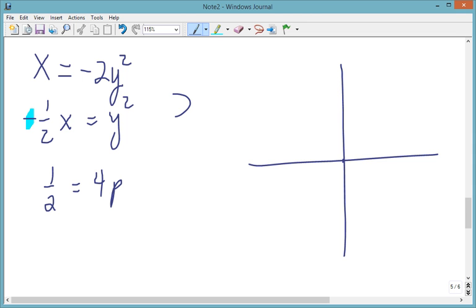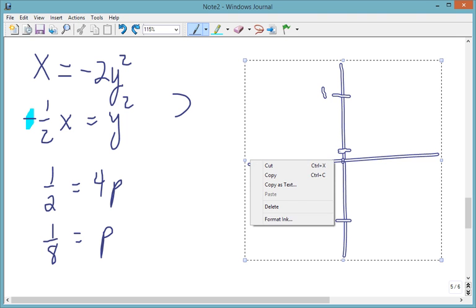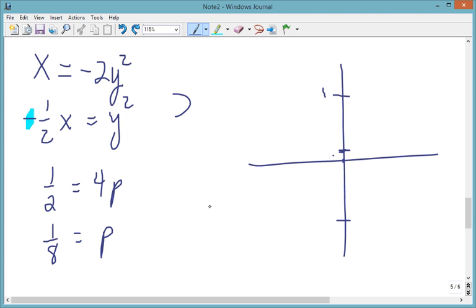So if I divide by 4, I get 1/8 is equal to p. All right, so if p is equal to 1/8, then my focus, I'll make my numbers really big here. My focus would be here at 0. Oops, I got to go the other direction. I'm opening this way, so my focus is over here at (-1/8, 0).